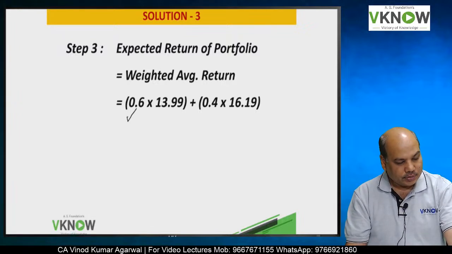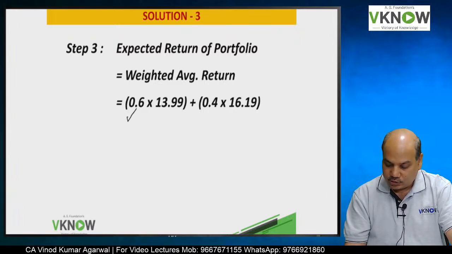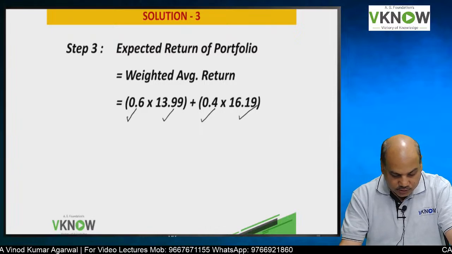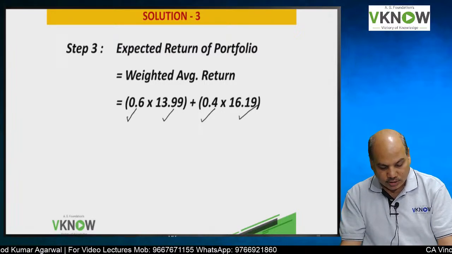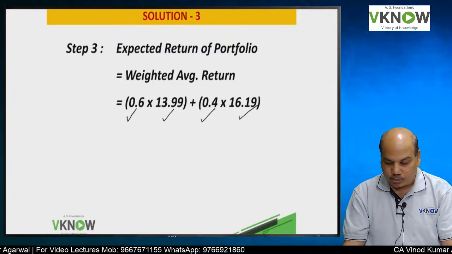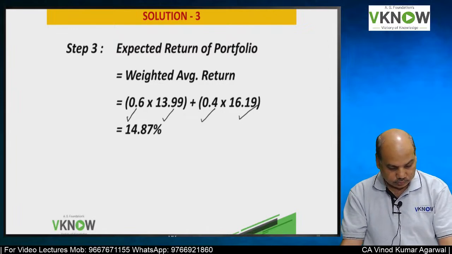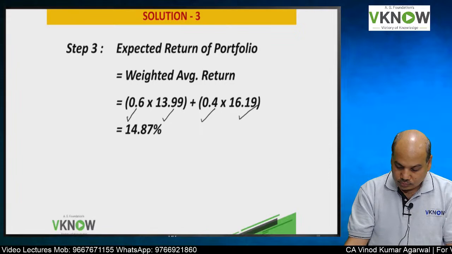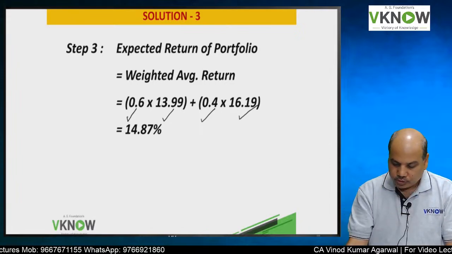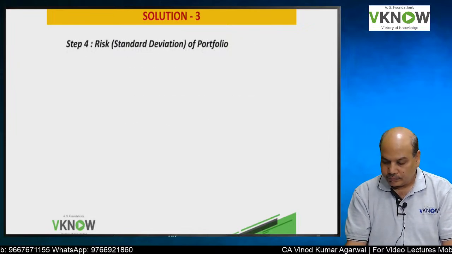As per the question, 60% weightage is to A and 40% weightage is to B. These are the weights and these are the returns from your first answer: 13.99, 16.19. Hence, you get 14.87. 14.87 is the portfolio return.